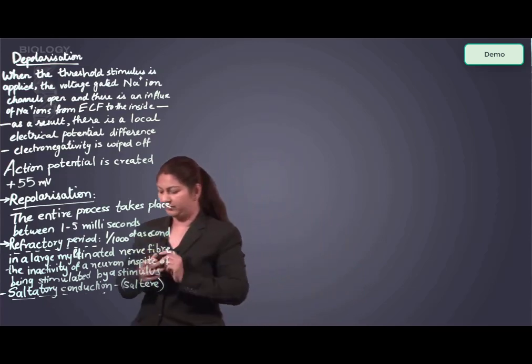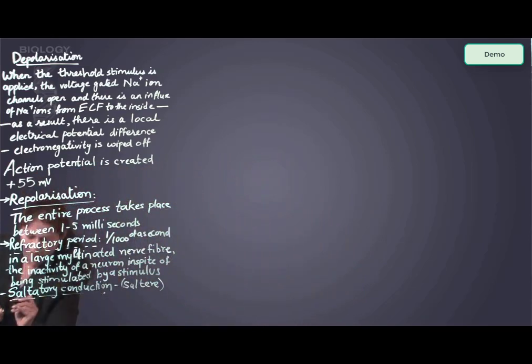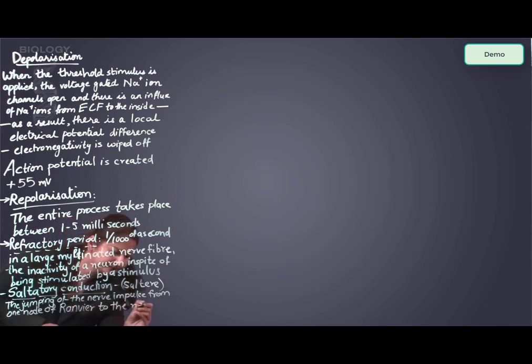So what is saltatory conduction? The jumping of the nerve impulse from one node of Ranvier to the next.